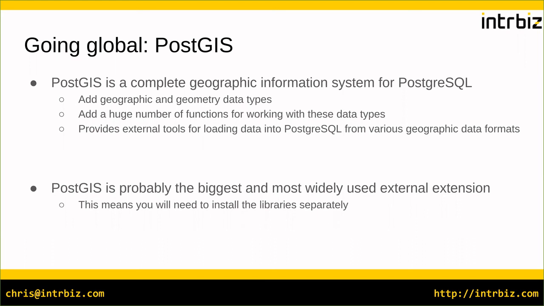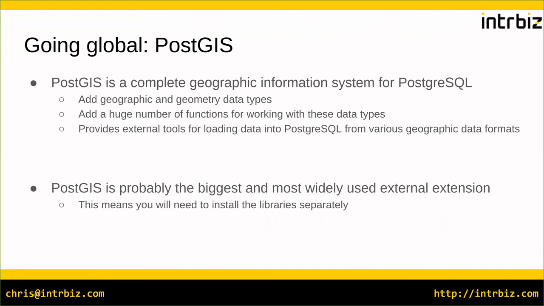So this is highly compatible and comparable to Esri's ArcSDE or Oracle Spatial. It's probably one of the most well-regarded, especially open source, GIS systems these days. And it's actually getting quite a lot of traction, even in the people who make maps, such as Ordnance Survey and things like that. What's notable about this is it's an extension. It's probably the biggest third-party extension to Postgres.